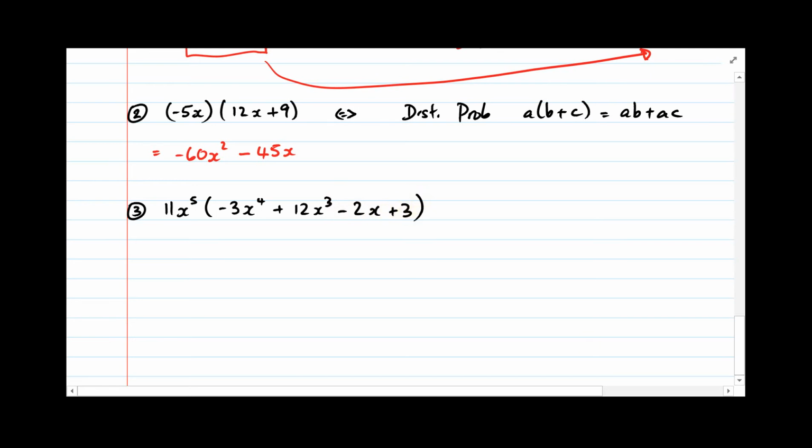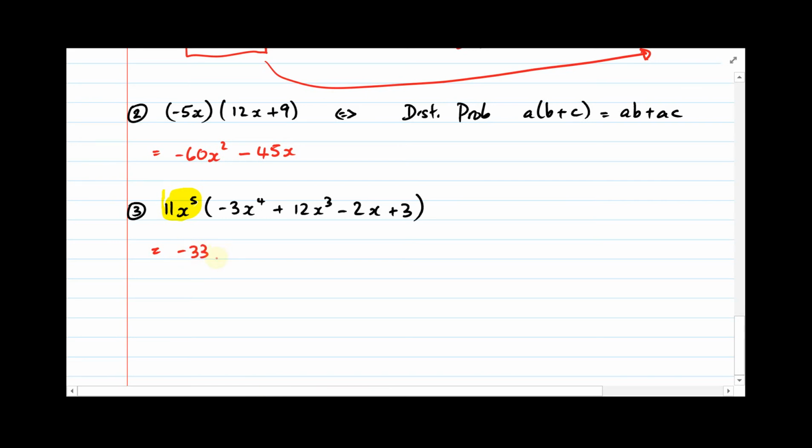Again we have a monomial multiplying a polynomial, so each item will be multiplied by that monomial, which is on the outside. It's an extension of the distributive property, with this time more than 2 terms inside a bracket. And so our final answer will be -33.